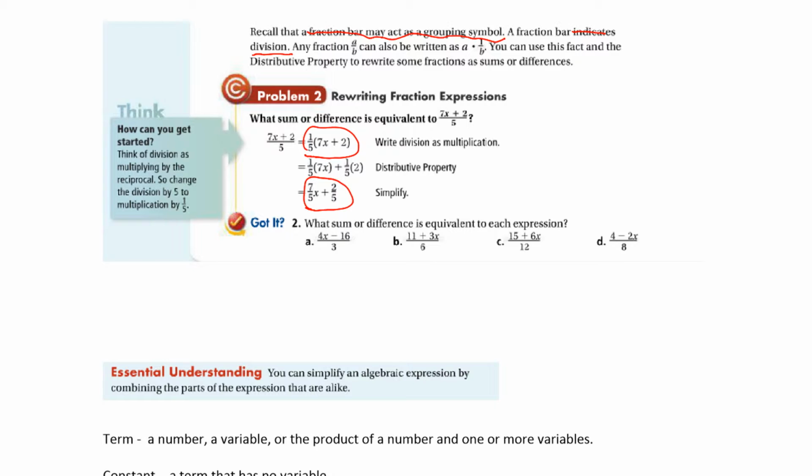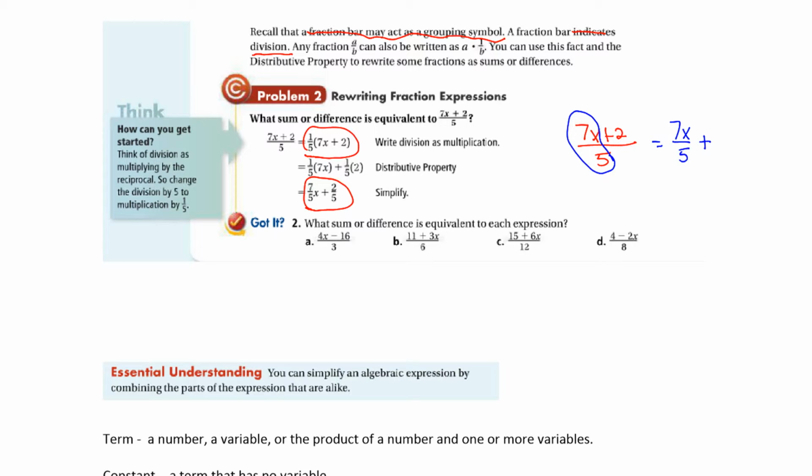Or you can look at it as if we have 7x plus 2 divided by 5, we can look at that as being two different fractions. We can look at the first term, 7x divided by 5. And then we have the plus sign.